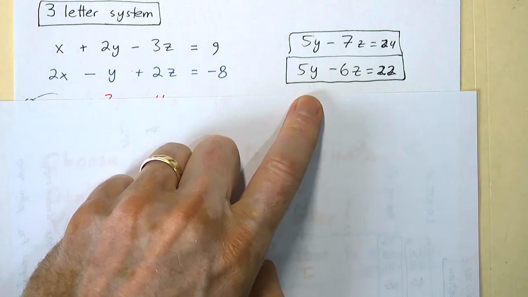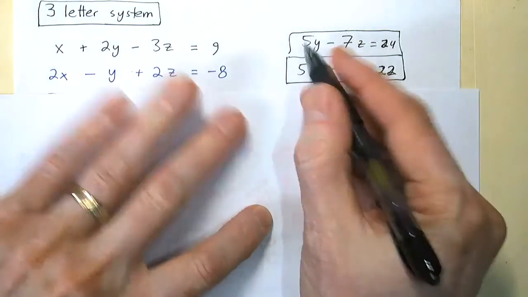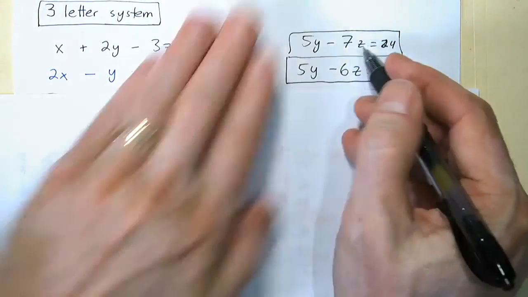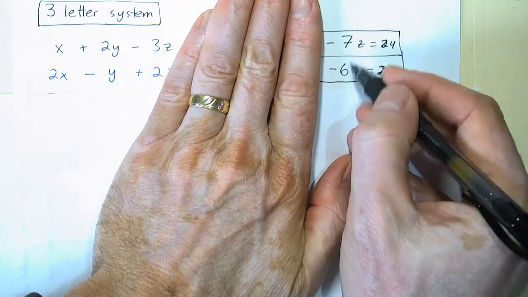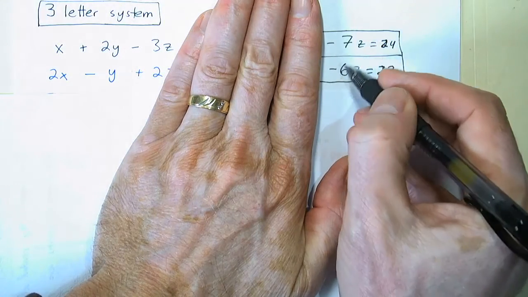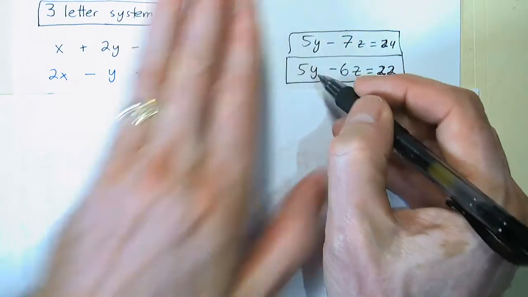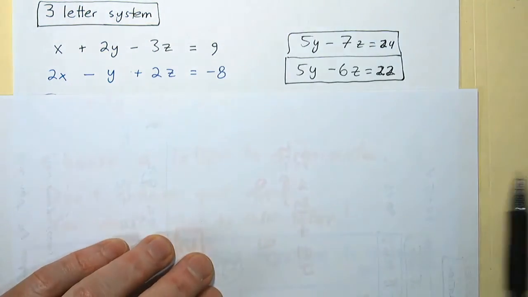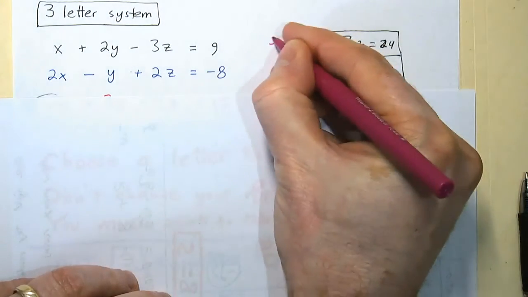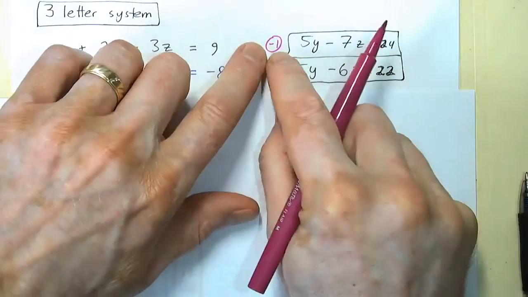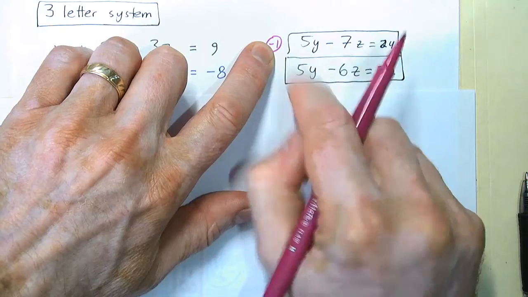You can finish that. So let's go ahead and finish it. If you want to get rid of the z's, you're going to have to multiply this by 6 and that by 7, but wait, y looks easier, doesn't it? Let's multiply everything by, how about a -1? Some people can do it in their head: -5 and 5 is gone.